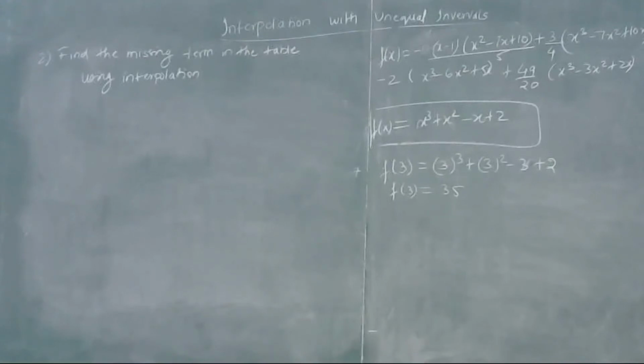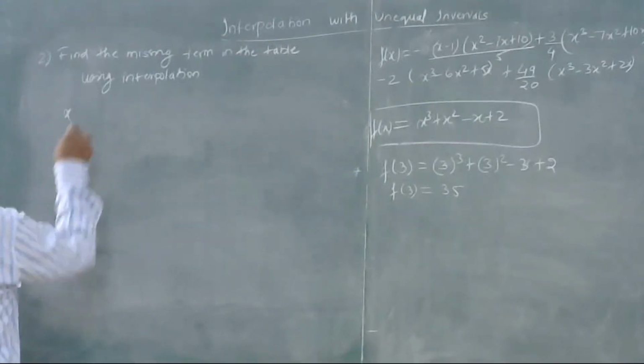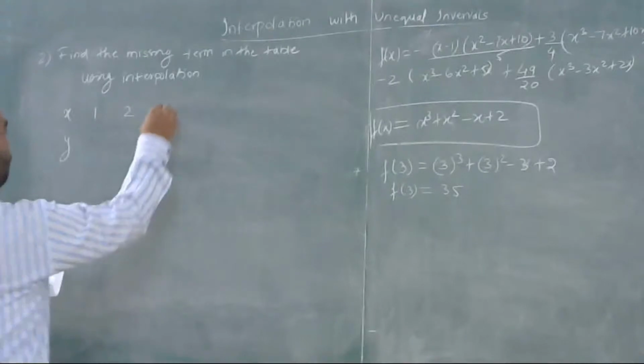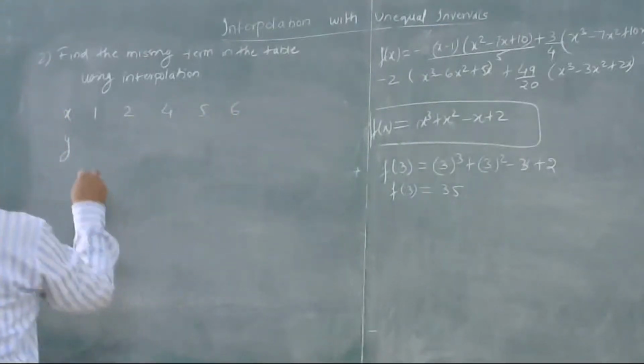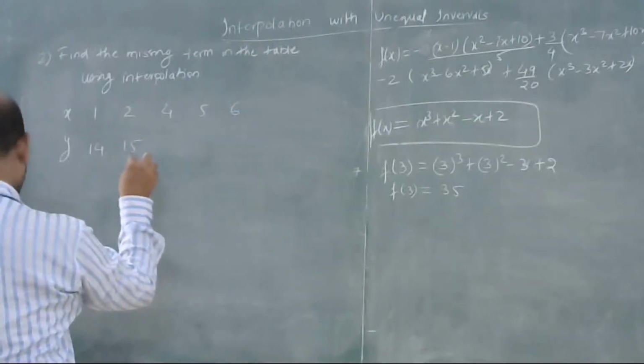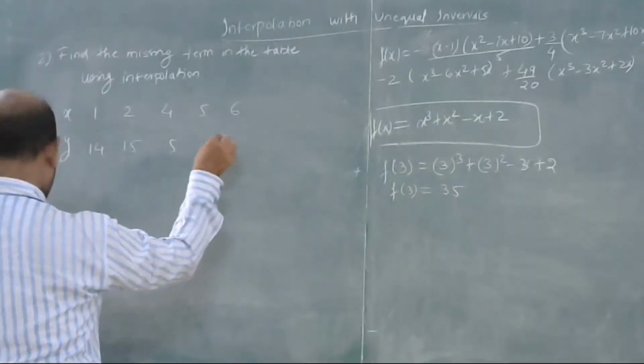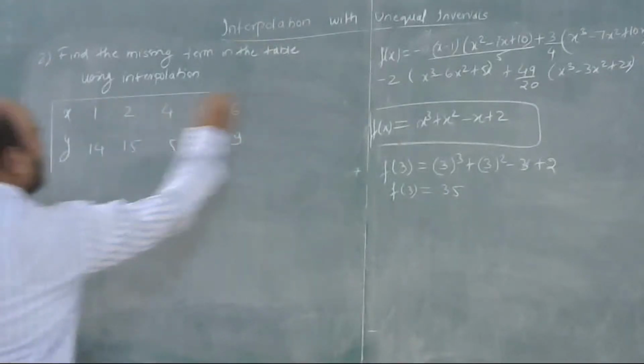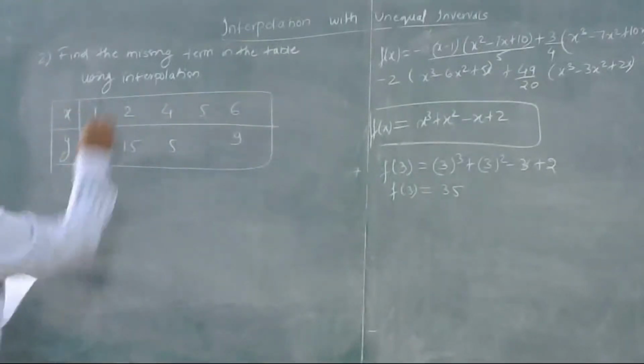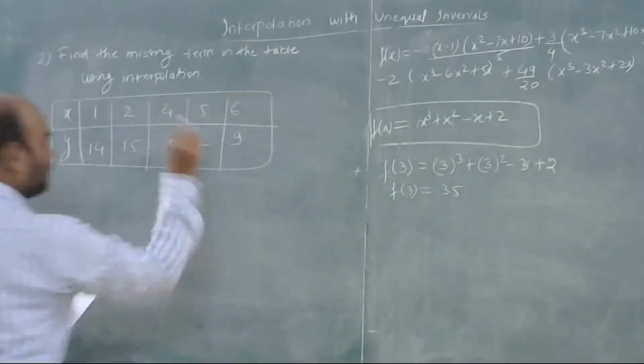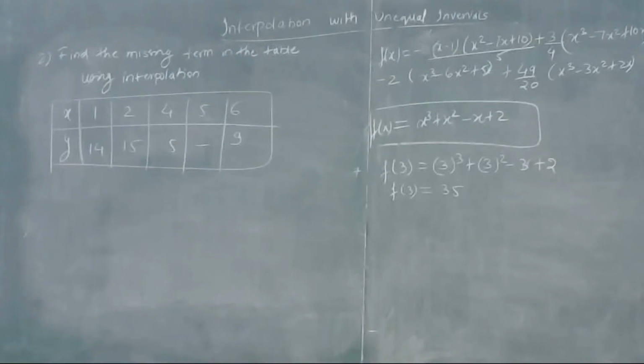Okay. x, y: 1, 2, 4, 5, 6. Okay, so you have to find the value of the missing term in the given table by using interpolation.